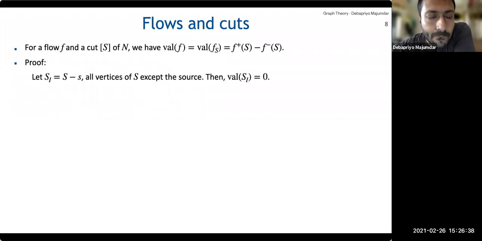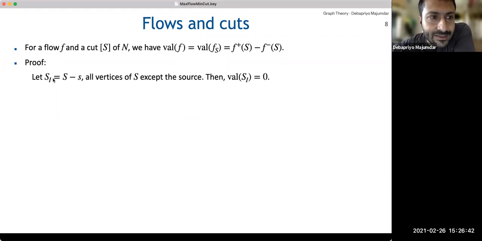Let's do the proof. So first, let us define Si to be the set S minus the source. So let's just take the source out of the equation for now: all the vertices of S except the source.